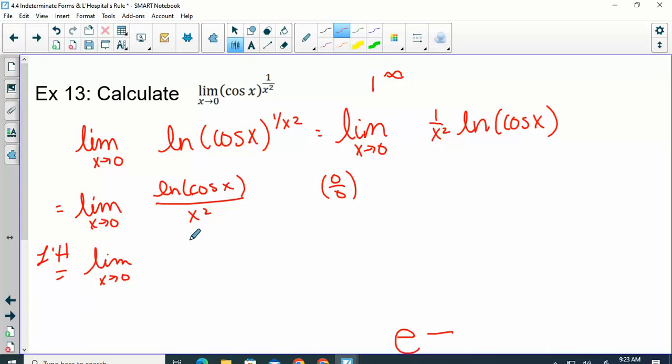Okay, natural log of cosine. So the derivative of natural log is 1 over the argument times derivative of the inside. What is the derivative of cosine? Negative sine. Okay, on the bottom, derivative of x squared, 2x.